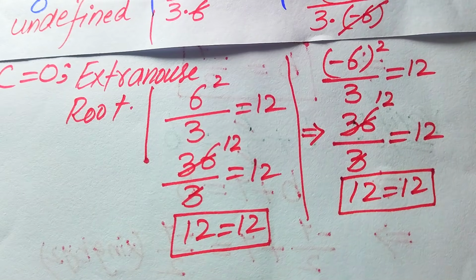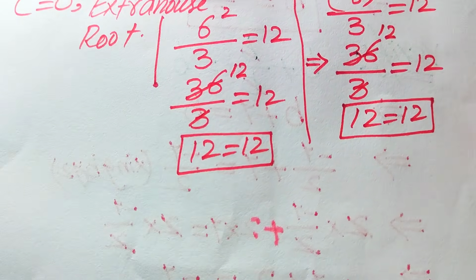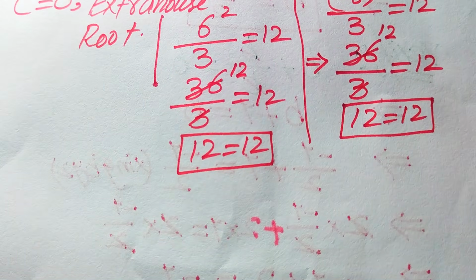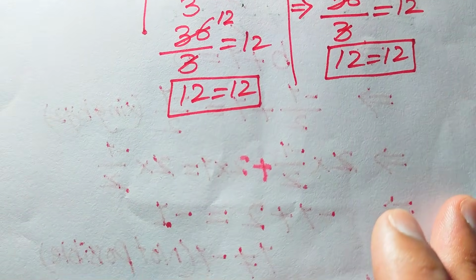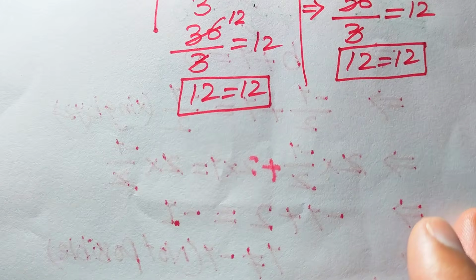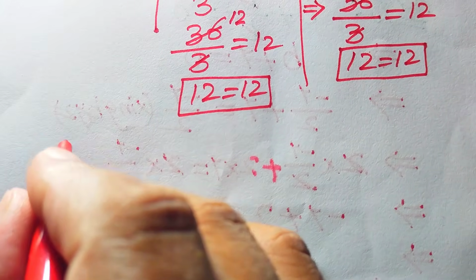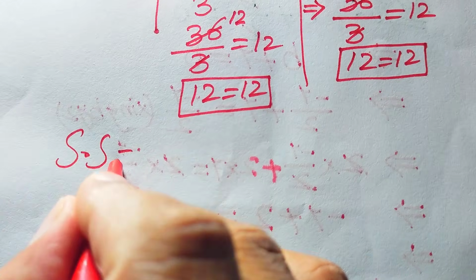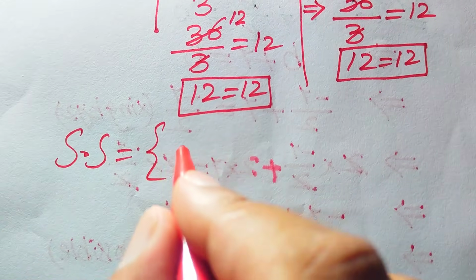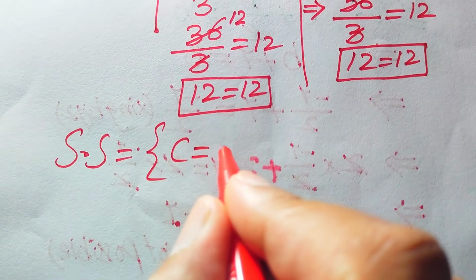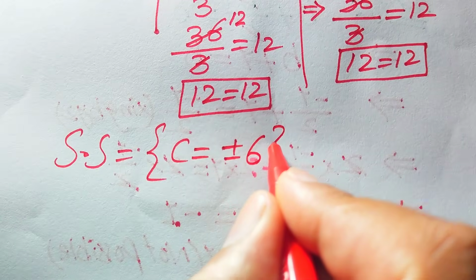So it means that c equals minus 6 also satisfies our given question statement. Finally, two values out of 3 satisfy our given question statement, so the solution set of the given question is c equals plus minus 6.